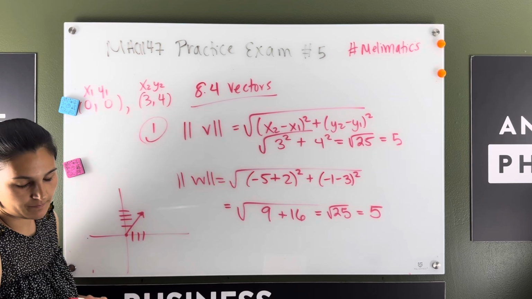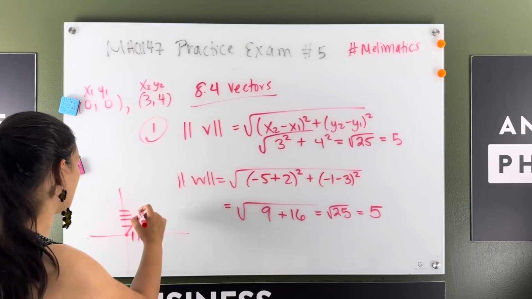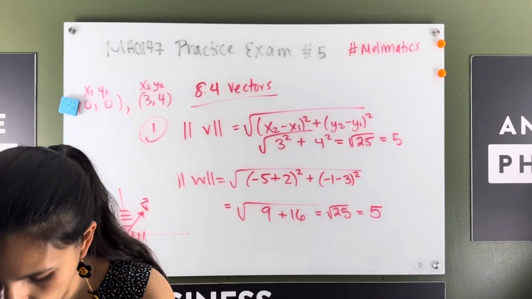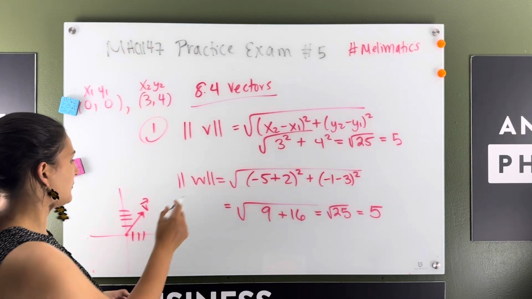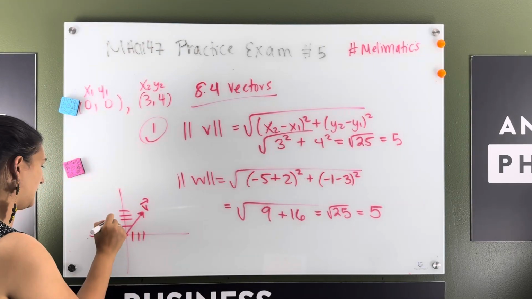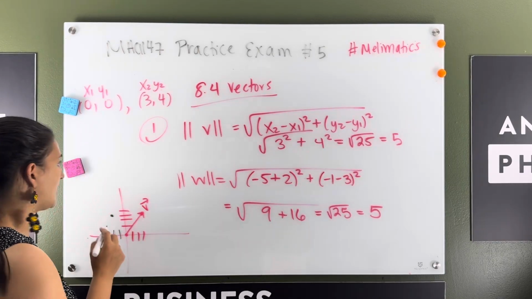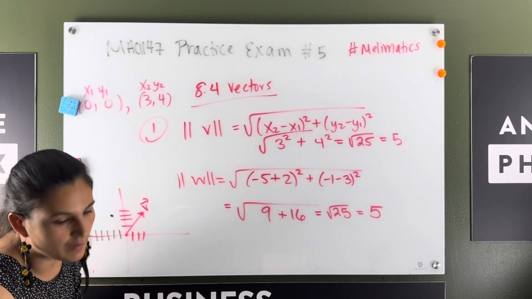It's a line segment, and then you put the arrow to show the direction it's going in. Where this is vector v, and vector w, I'll give it a different color, starting at negative 2, 3. And it's going towards negative 5, negative 1.